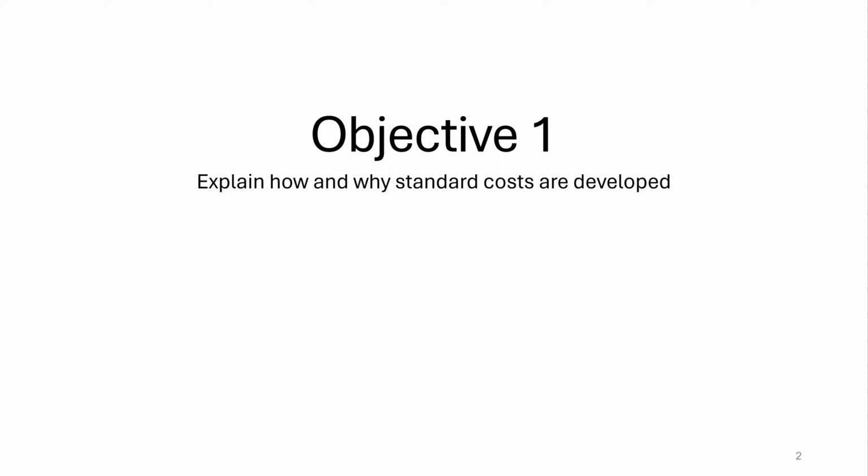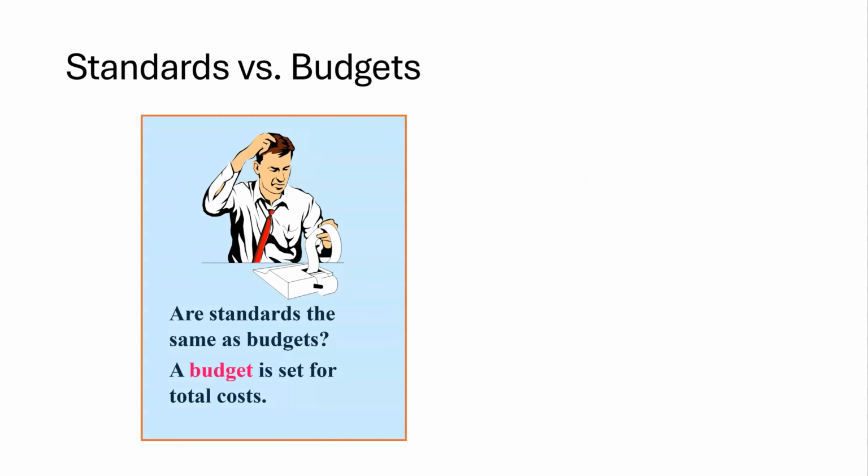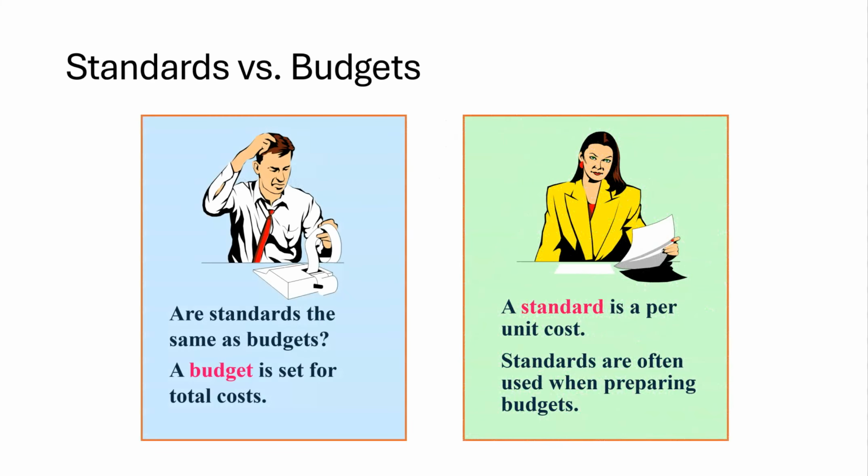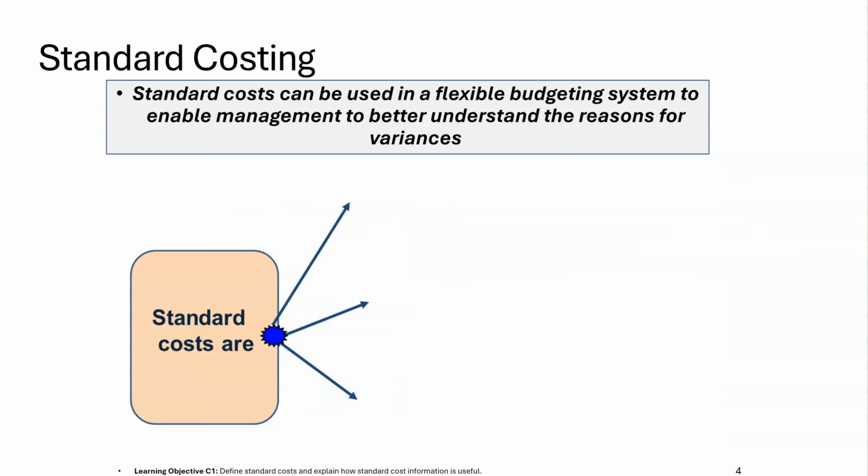Okay, so the first thing we're going to do is look at how standards are developed. Normally in the past we've talked about a budget, which is for total cost, but a standard is how we determine what we estimate is the cost of one unit. The reason we do this is because it really helps us see what's going on when we make and sell a product.